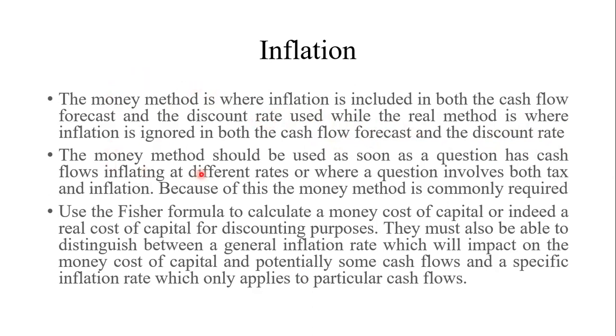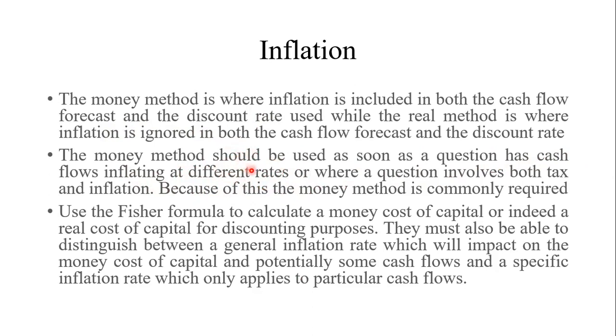Now, the money method should be used as soon as a question has cash flows inflating at different rates. So thus it's a clue. When would you use the money method? You use the money method when the cash flows are inflating at different rates, as we saw before. Variable cost is inflating at its own rate. Revenue or selling price per unit is also inflating at its own.